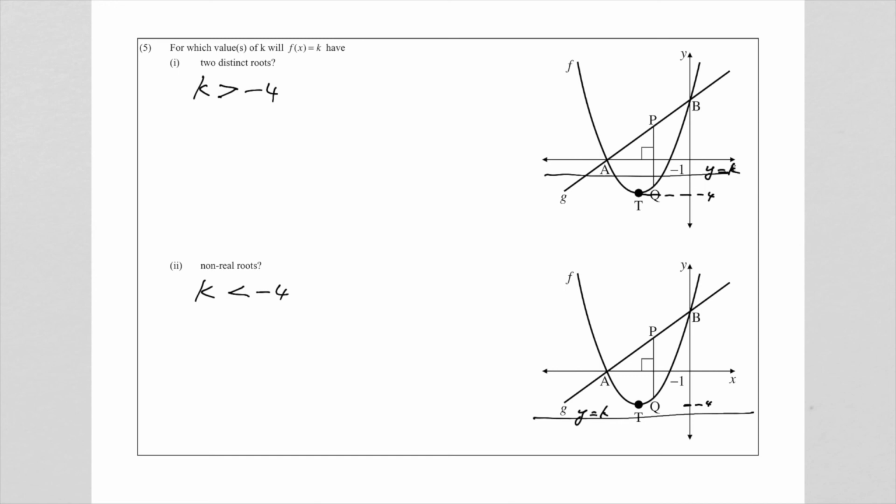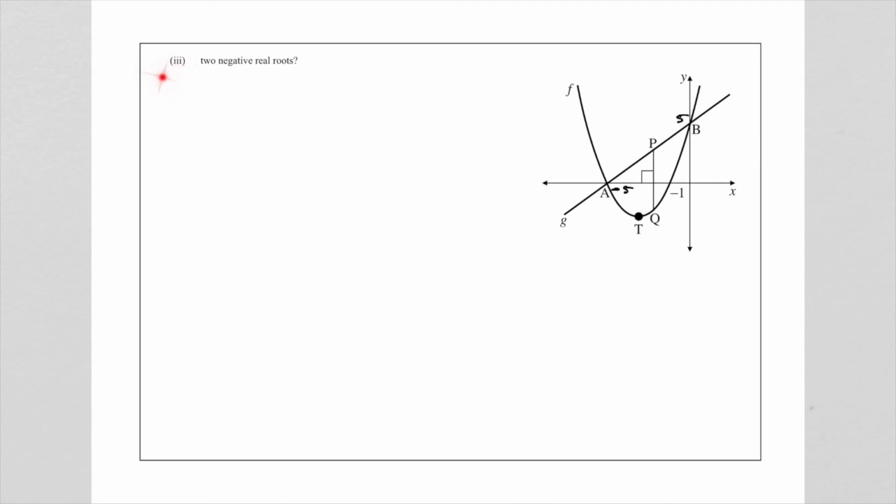Let's now look at the next question. In this third part of question 5, they ask us to find k if the 2 roots are negative. Both roots must be negative real roots. You'll remember it was given to us that f(x) is equal to k. Now, the moment that you see that f(x) is equal to k, this k represents a horizontal line.